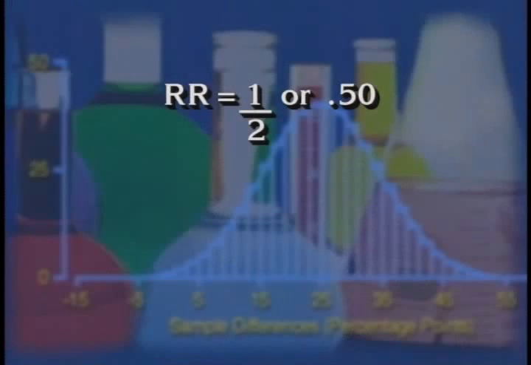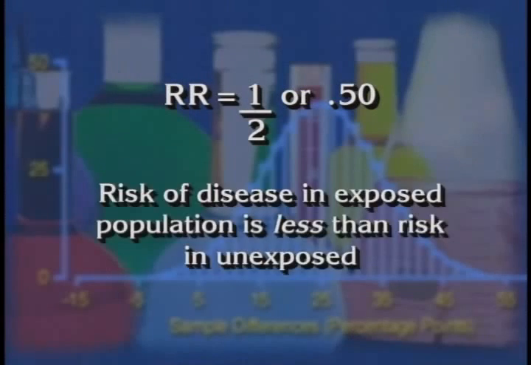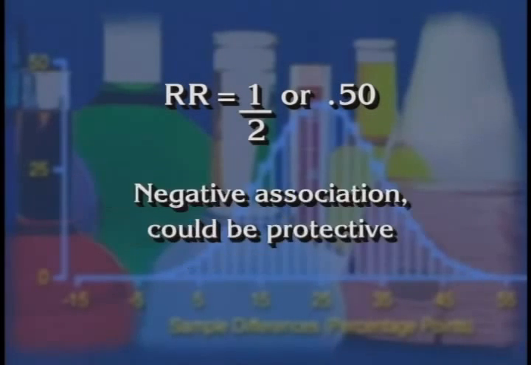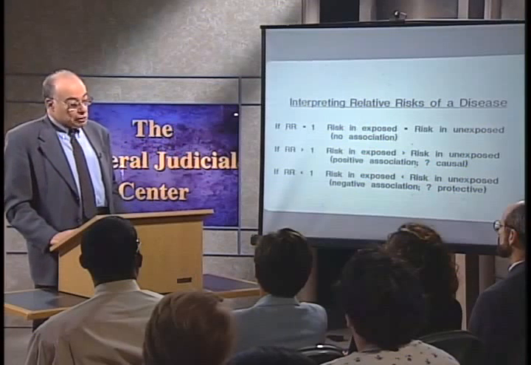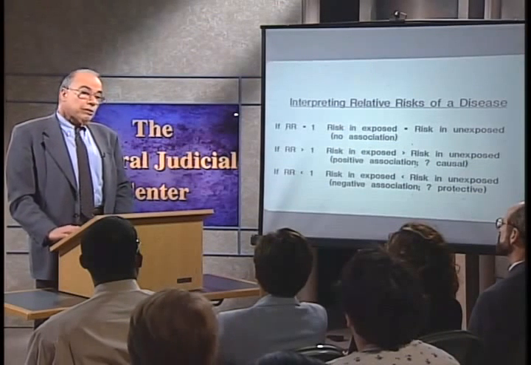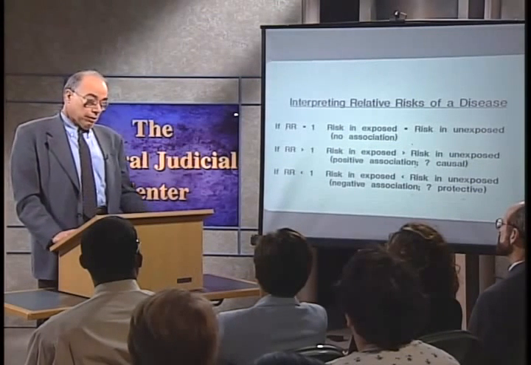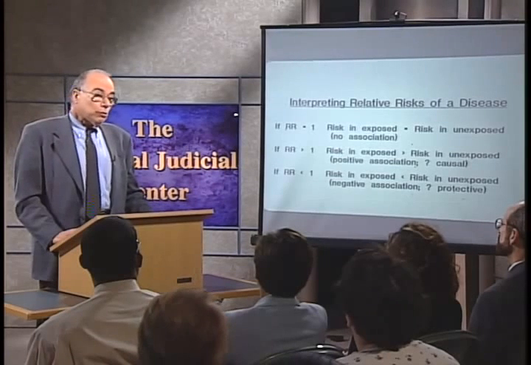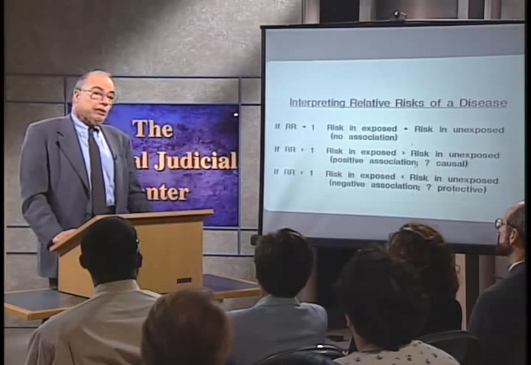If the relative risk is less than 1, the risk in exposed people is less than the risk in unexposed. The numerator is smaller than the denominator. This is a negative association and could be protective. For example, if we have an effective vaccine, we would expect to see a relative risk less than 1 because people who have been exposed to the vaccine would subsequently develop less disease than would people who had not been vaccinated.